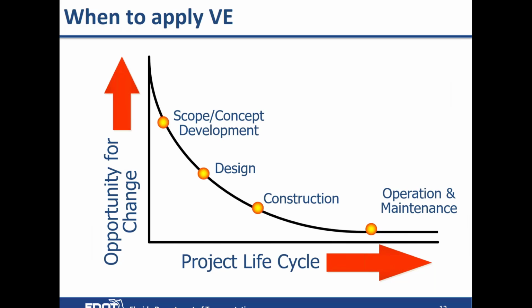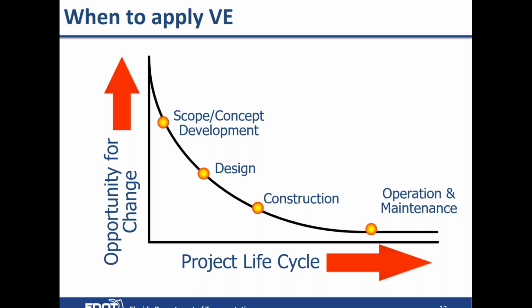When to apply risk or apply VE. The graph on the screen shows you on the vertical axis the opportunity for change, and the horizontal axis is the project life cycle. So as you can see, earlier in the project, the opportunity to change is much greater. As the project continues to move on, the opportunity for change gets less and less.